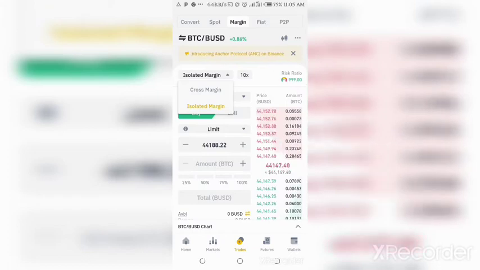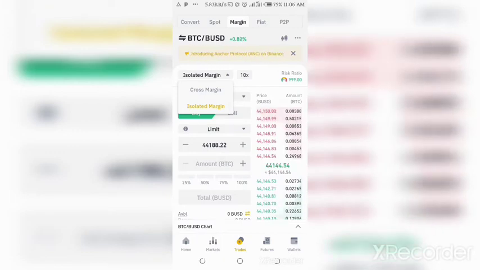But if you used cross margin and you had $60, but you bought BTC for $40, meaning there is the other $20 remaining, with cross margin the entire $60 is used to keep that trade going. In case the trade does not go in your favor, your liquidation price will be very low.